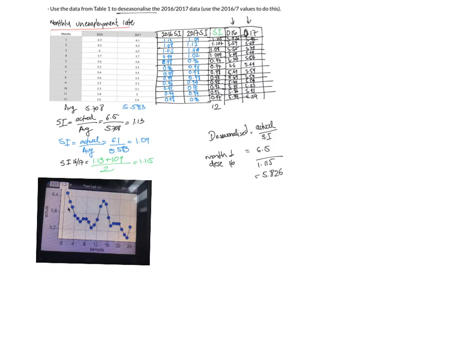When you plot the original values of the months for 2016 and 2017, this is the graph that you will have. You notice that there are some fluctuations, which make it harder to read and to make predictions with. That's the reason why we deseasonalize this data, so we can see the trend of this graph.